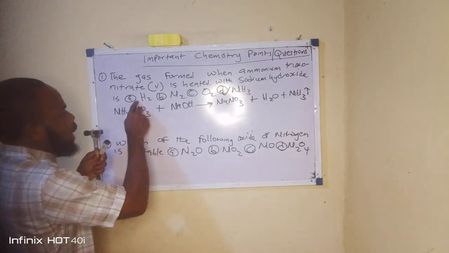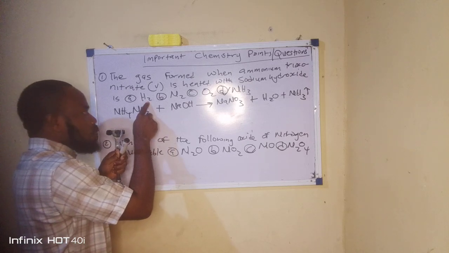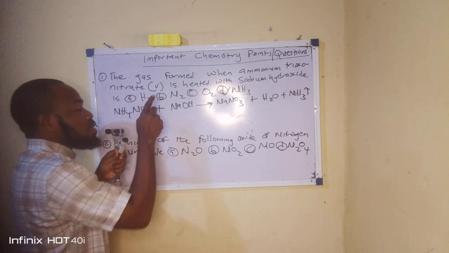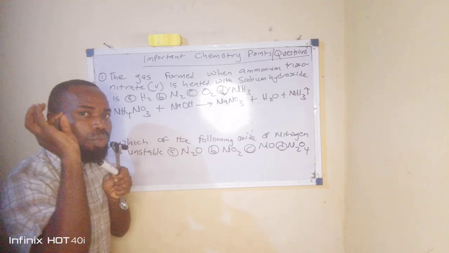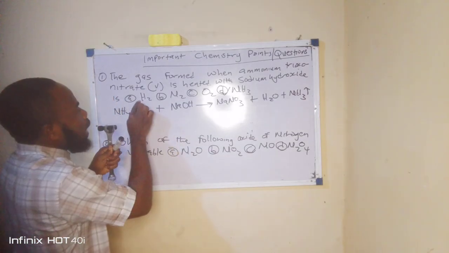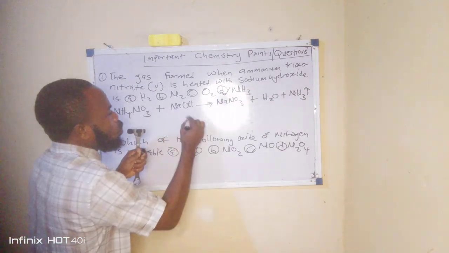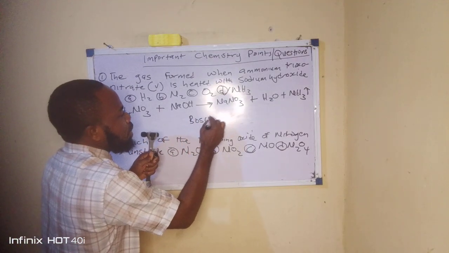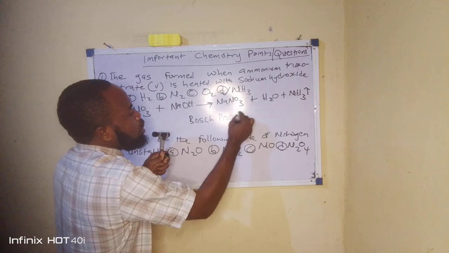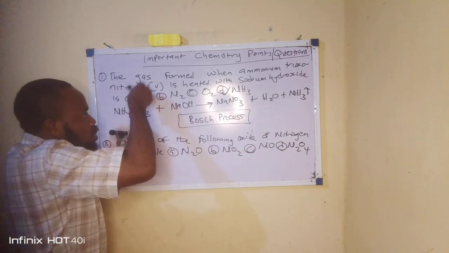Now, let's go to this one. This is hydrogen. Hydrogen is the lightest gas. Yes, of course, hydrogen has three isotopes, which are protium, deuterium, and of course tritium. Hydrogen again is manufactured through a process known as the Bosch process. I'm trying to analyze each option for us so that we're able to have a glimpse of points on each of the options.